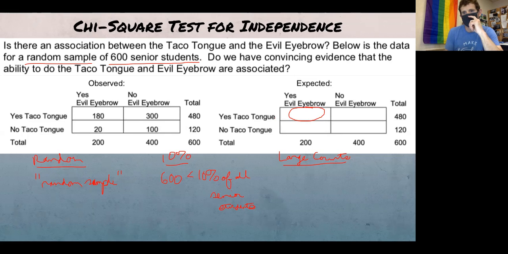Would you assume that the amount of people who do each of these things would be equal? No. We learned a specific process for this yesterday.